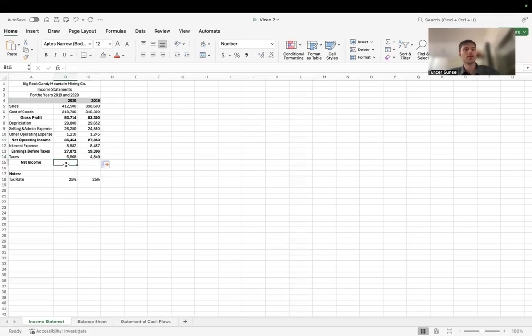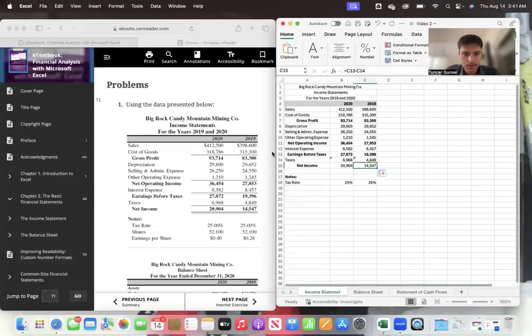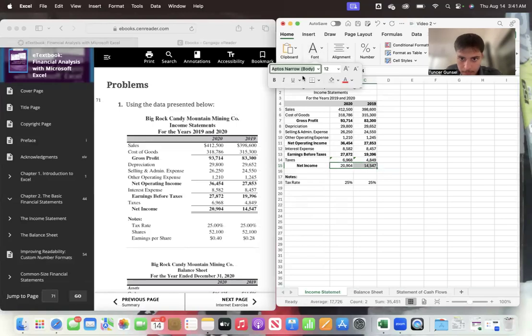Okay, so our net income is earnings before taxes minus taxes. Yes. So we should be fine with the income statement. Let's check. Yes, we're good to go.